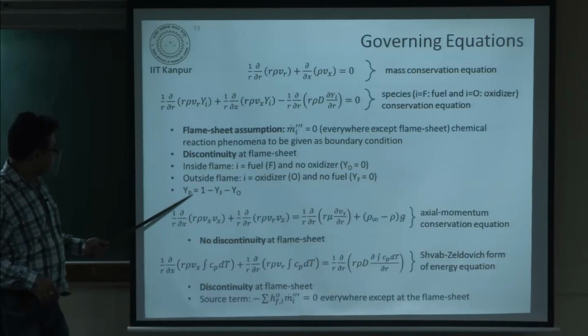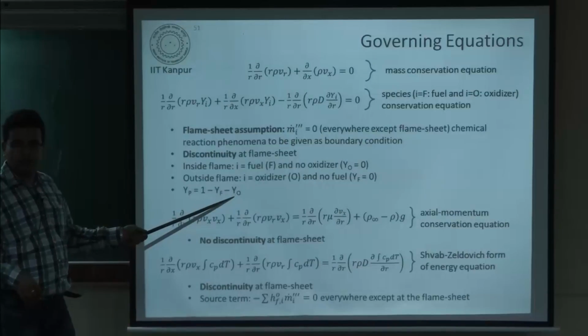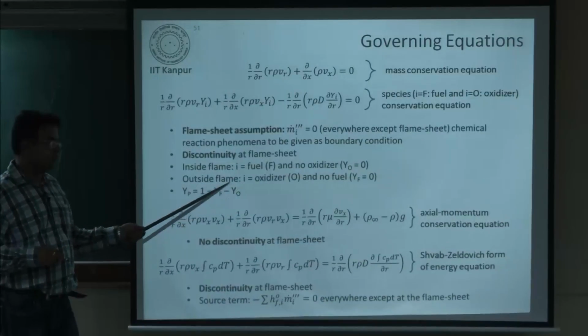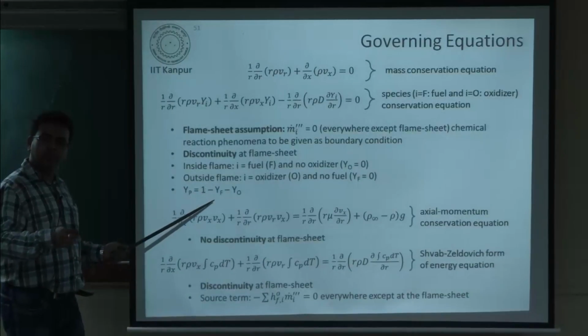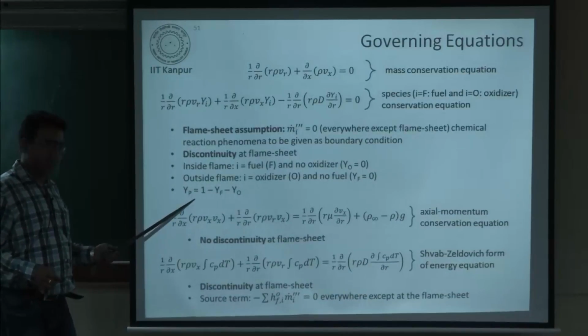Outside the flame you can calculate the product, that is basically 1 minus YF minus YO. Suppose you are inside the flame, there is no YO, so you know what YP is. Suppose you are outside the flame, YF is 0, so you know what YP is.